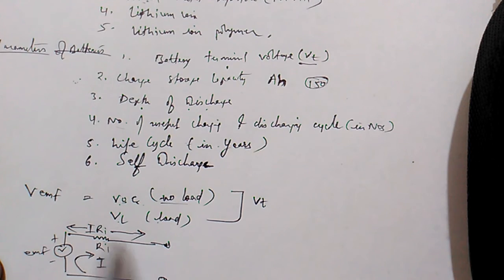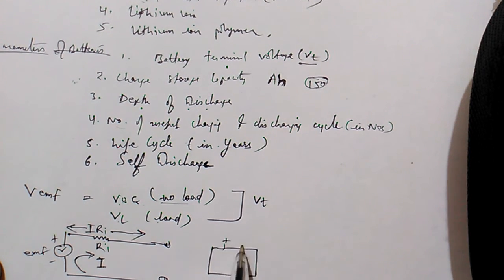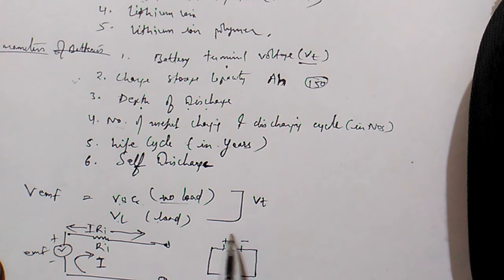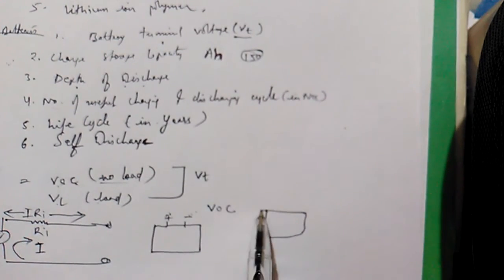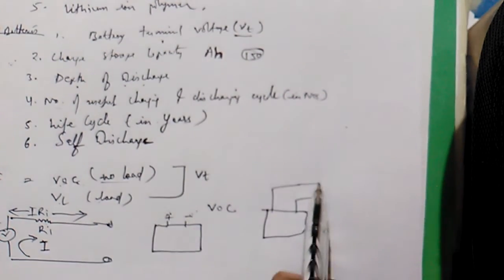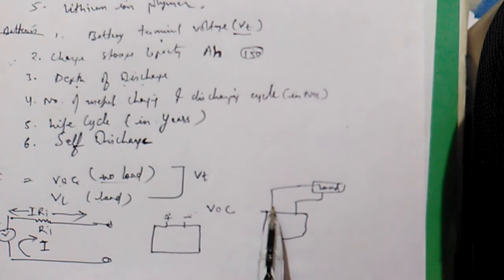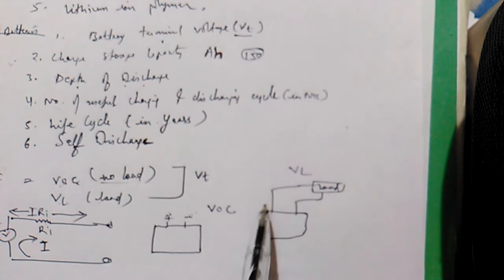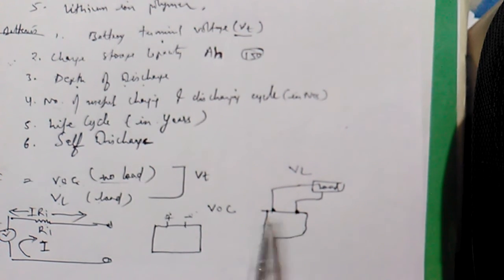This is the battery internal circuit, and we can measure the voltage on the battery terminals. This is called VOC. When the load is connected like this, that time it is VL. This is also a terminal voltage, so we are measuring on this.